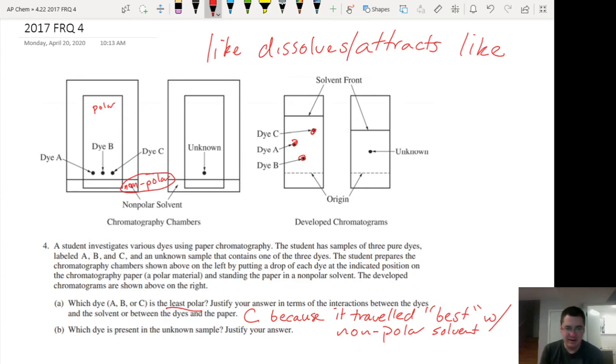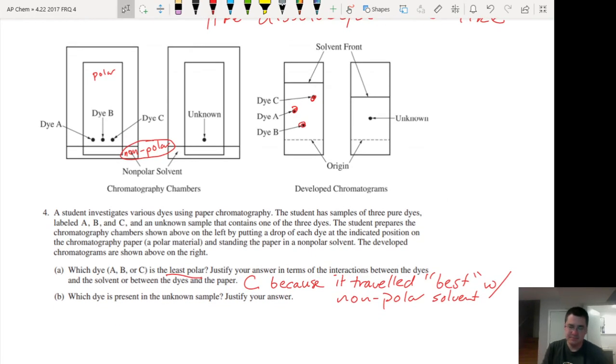Okay, and then question B: which dye is present in the unknown sample? Justify your answer. I'd say dye A. Correct, because why? Even though this doesn't quite match, there's some reasoning here.